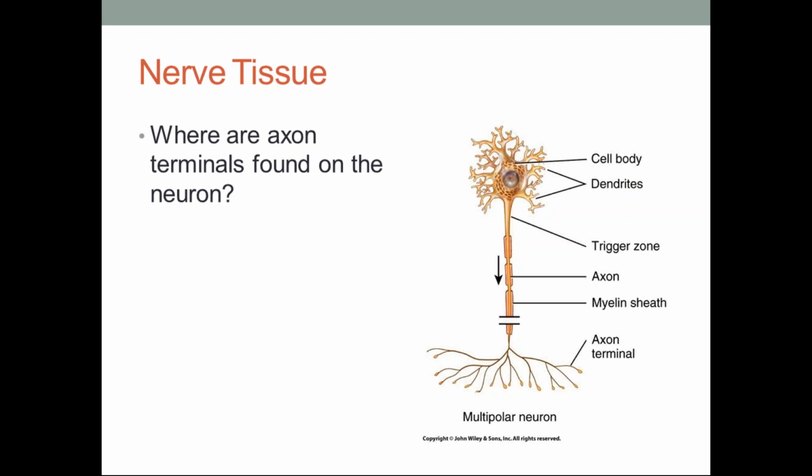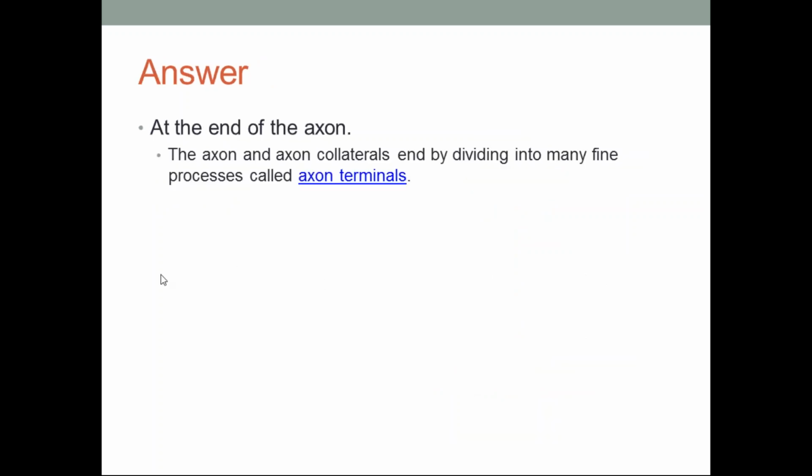At the end, right. You can see the axon ends, and then you'll have all these axon terminals at the end, and then they end in a synaptic end bulb. So the axon and axon collaterals, which are bigger branches of axons, divide into many fine processes called the axon terminals.